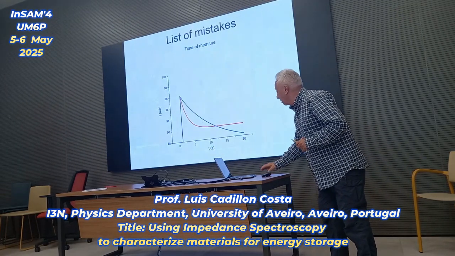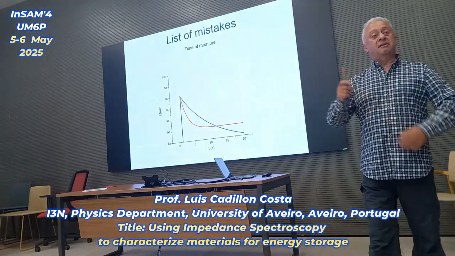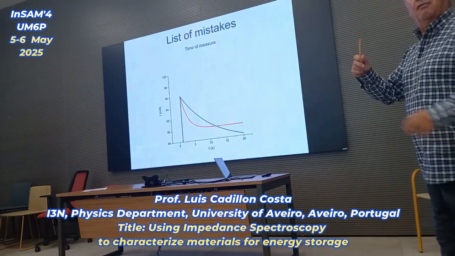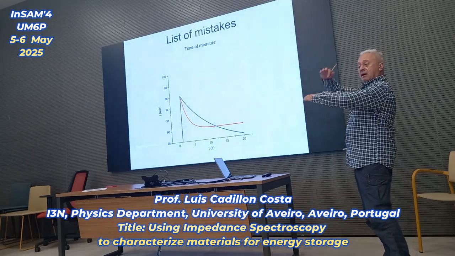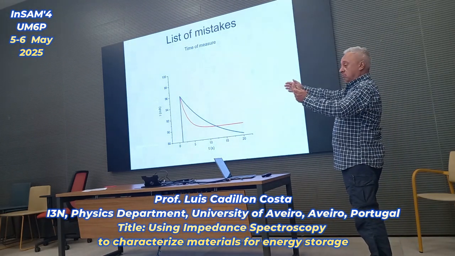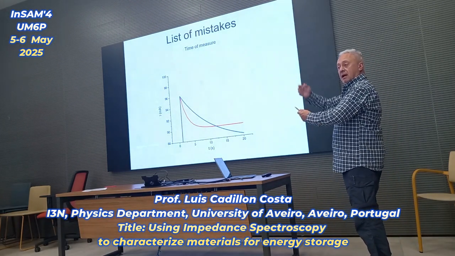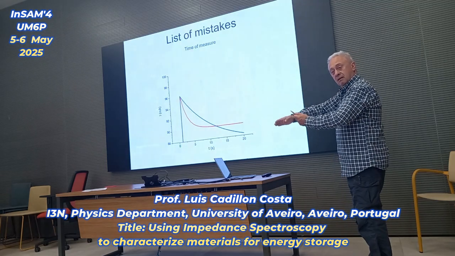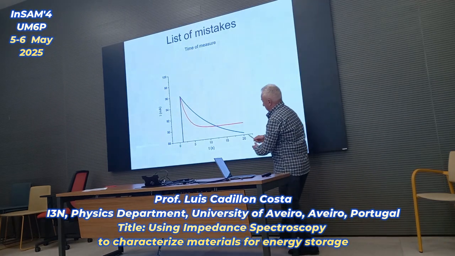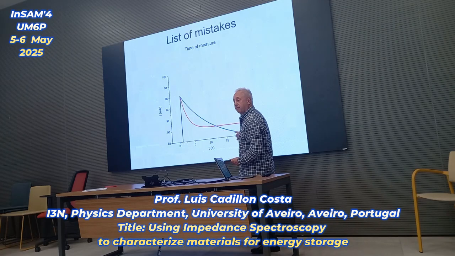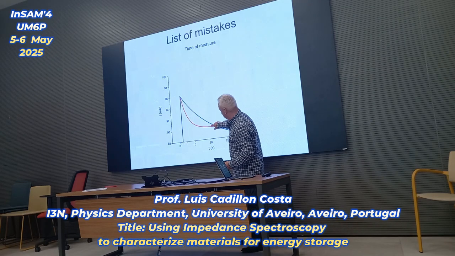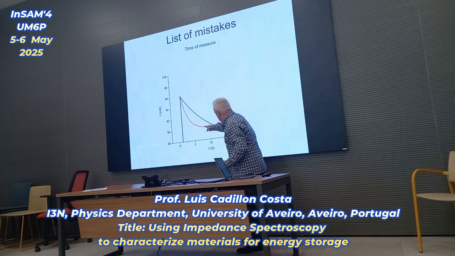Another very common one is the time of the measurement. If you want to measure the conductivity, for example, I apply a field, and I cut it, for example, and I see the depolarization. If I measure here on this blue curve, the current is no longer constant.